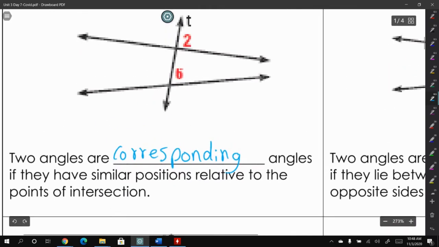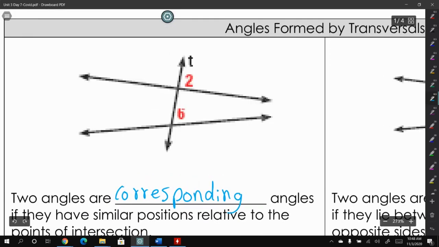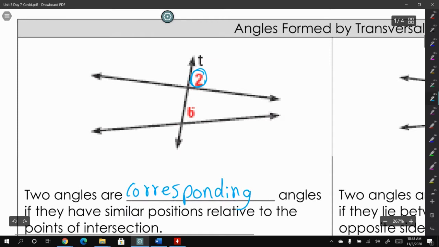If we look closely, angle 2 is in the upper right corner of these four angles here, and when we look at these four angles down here, angle 6 is in the upper right. So they're in the same location. We call them corresponding angles.